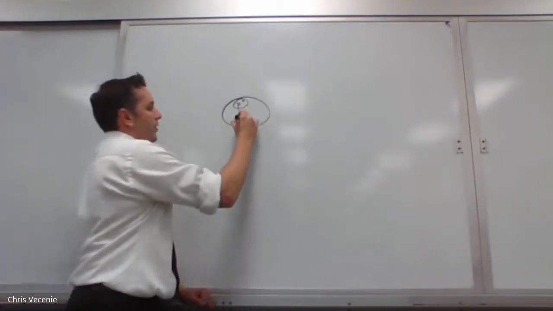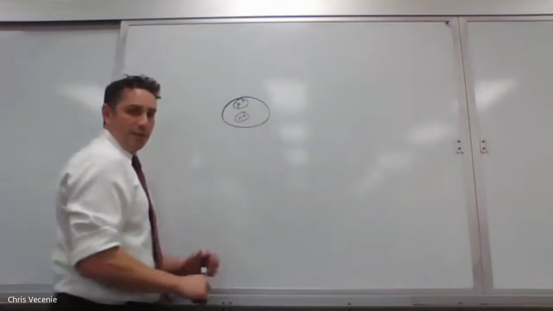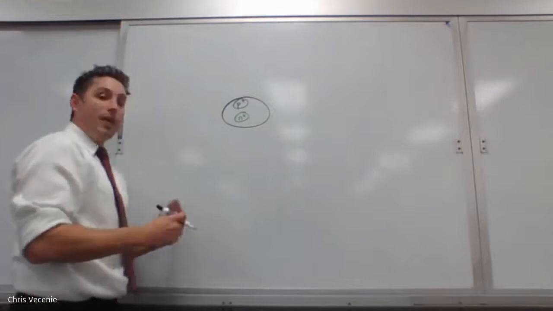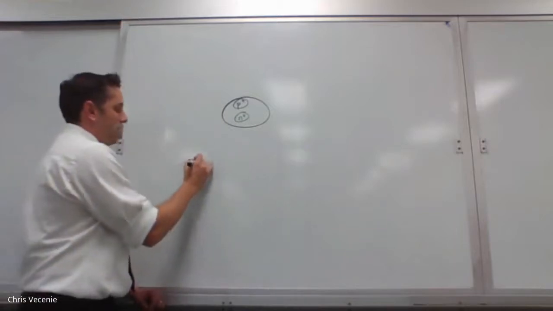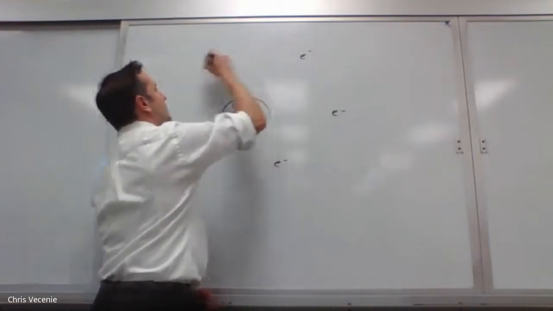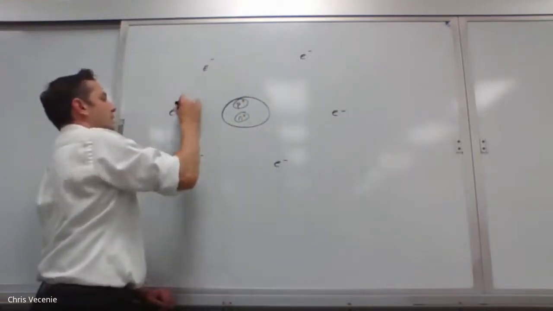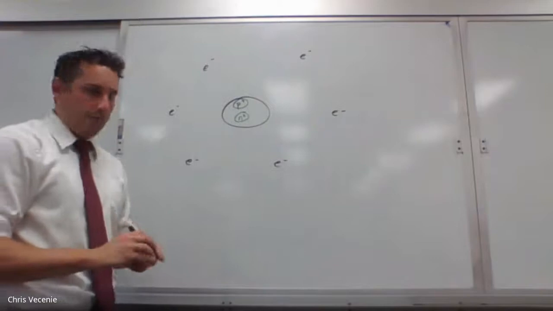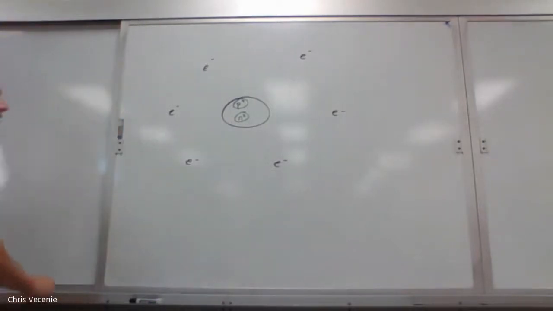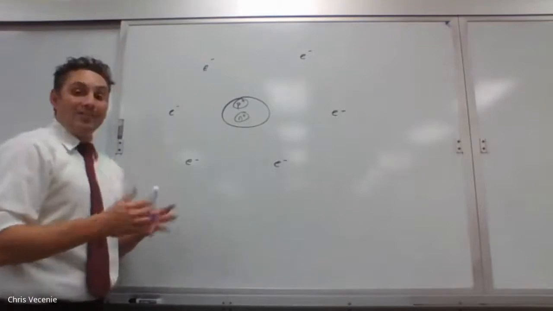We know that the neutral neutrons live in there, in varying amounts depending on the element. We know that electrons live on the outside in the electron cloud.